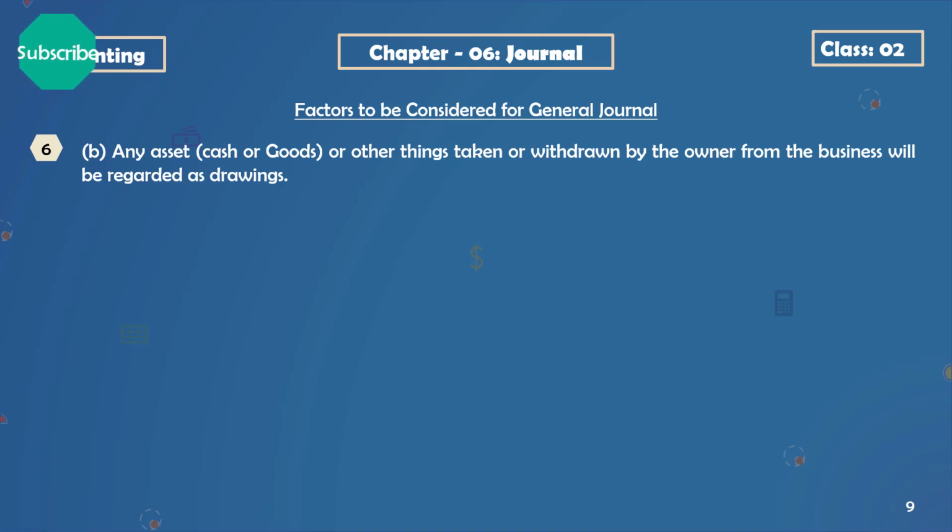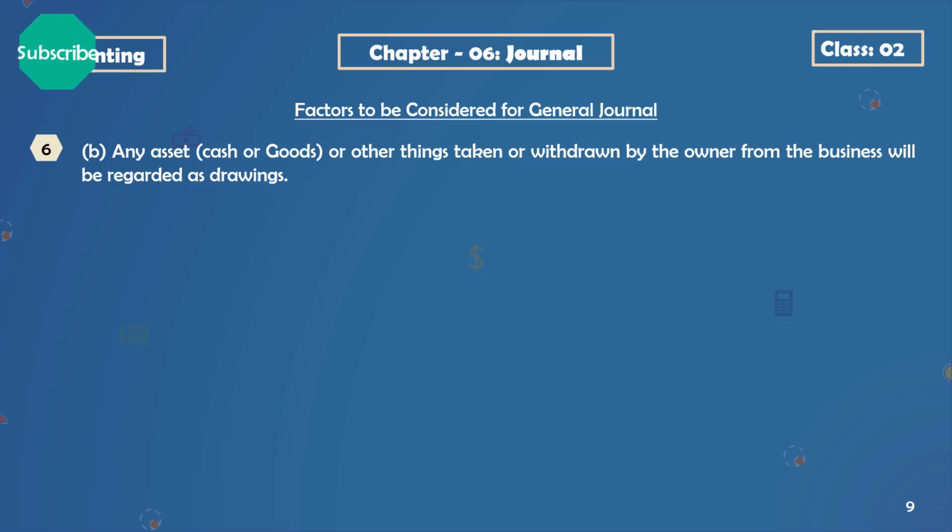Okay. Anyways, the rule is B: any asset, either cash or goods or other things taken or withdrawn by the owner from the business will be regarded as drawings. We know this, but I wrote it here because I matched it with A.